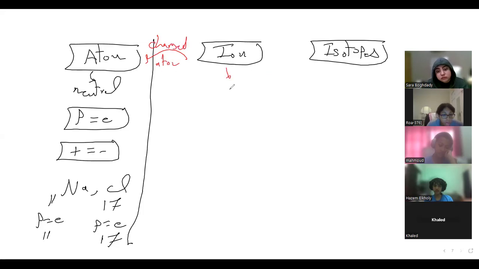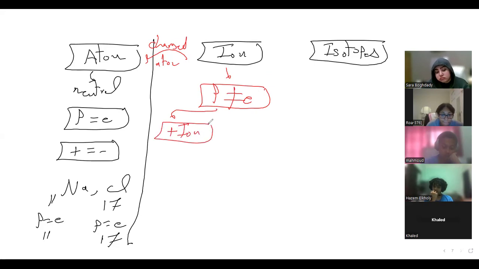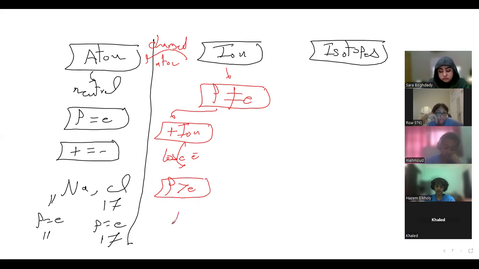In ion, we said it is considered to be a charged atom. In the ion, protons not equal to electrons. Maybe positive or negative ion. Positive ion means losing electrons. Proton is greater than electron, like Na positive. Protons equal 11, electrons equal 10.